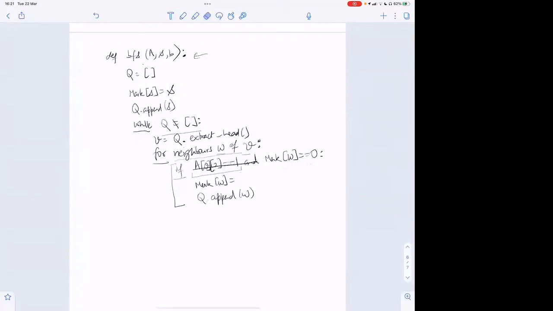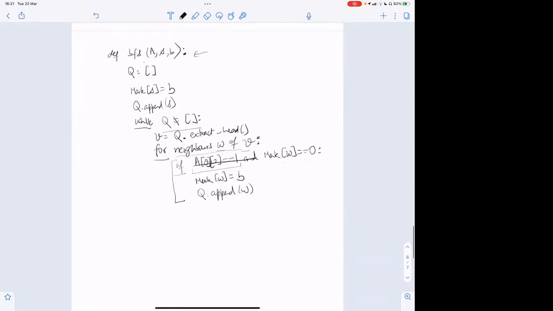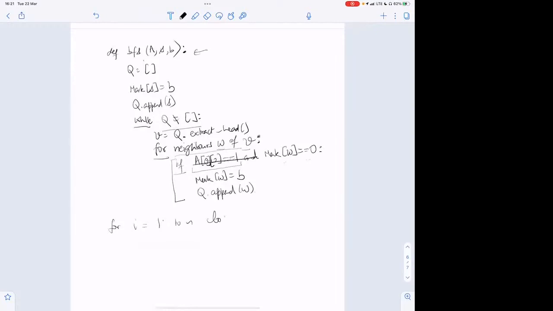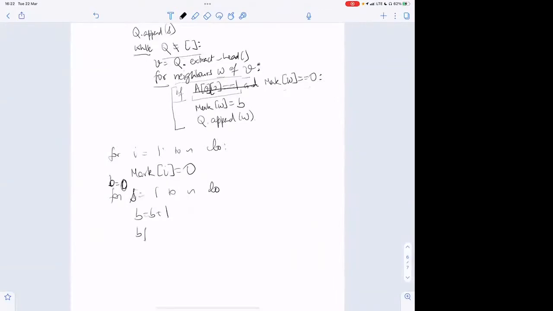So I will put mark w is equal to B, and also mark s is equal to B. And now in the main program, I will write for i is equal to 1 to n do mark i is equal to 0, and then for s is equal to 1 to n do, and I initialize B equal to 0, let's say. B is equal to B plus 1, BFS(A, s, B).